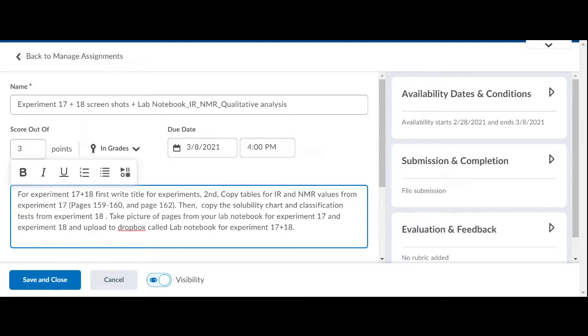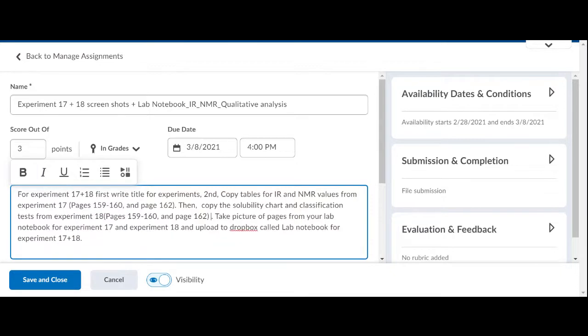Then from experiment 18, it's different. From experiment 18, that would be page 181, I believe. Page 181.